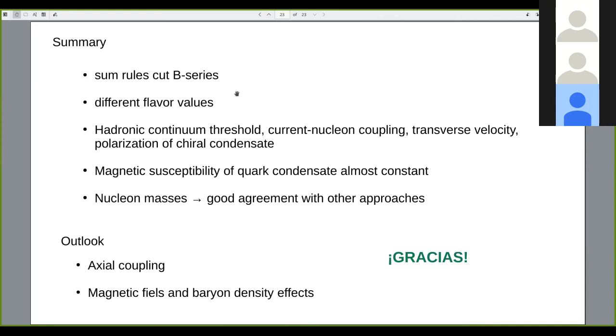It's concerning the input that you're using after evaluating the sum rules that you have shown us. These are the condensates, of which I suppose the quark condensate must be one of the more important ones. And you mentioned that their magnetic field dependence is known from other works. What do you mean by that? Are these experimental fits? Are these lattice simulations? Are these models? A good question.